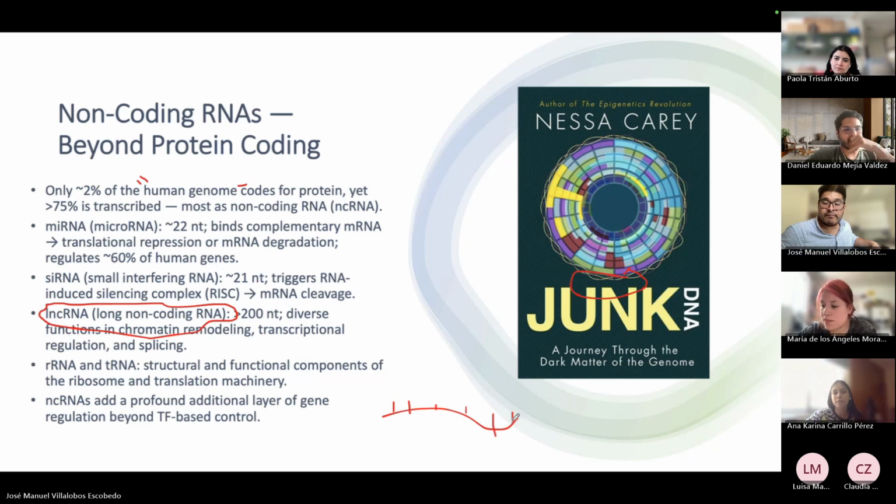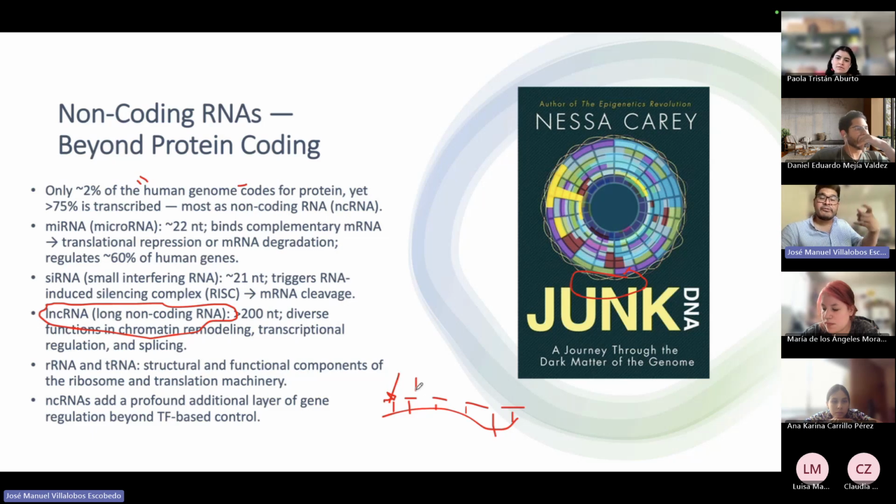But sometimes, for example, they can behave like a sponge and reduce the expression of mRNAs, or they catch microRNAs and reduce the regulation by microRNAs, because the long non-coding RNA acts like a buffering effect.